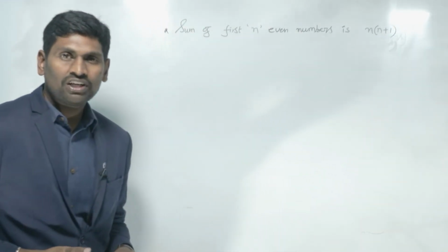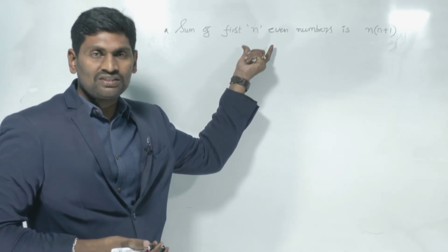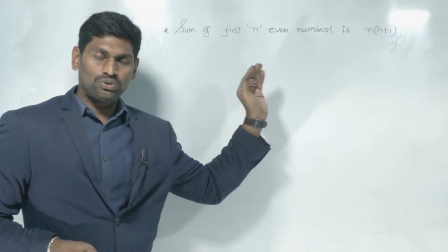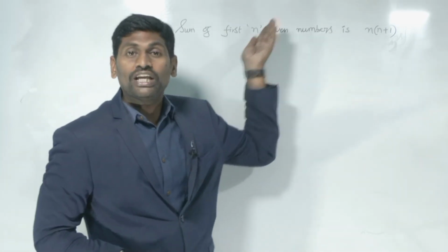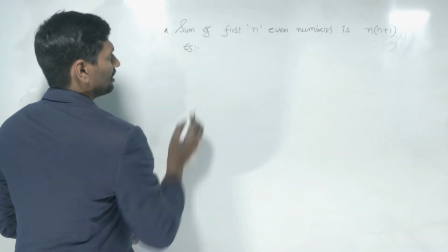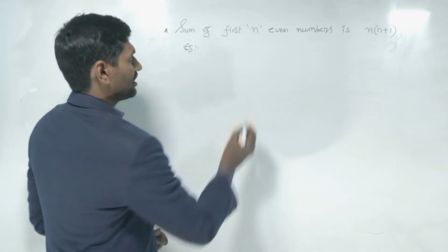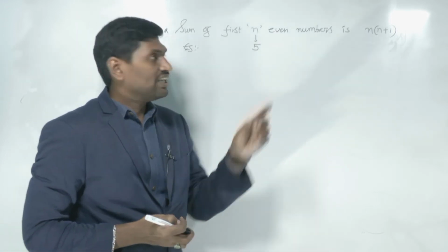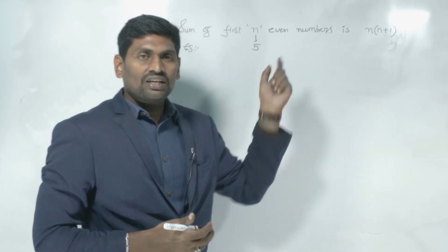Sir, what does first n even numbers mean, sir? N means any natural number. First 5 natural numbers are 1, 2, 3, 4, 5. For example, the same question: sum of first 5 even numbers. That means in the place of n, I use 5.